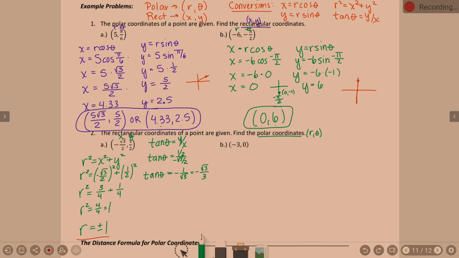Why might I suggest that? Because it's over there. Yes? Square root of 3 over 3 is in the tangent box when theta is pi over 6. Now, what's the catch though? It's a negative. We need negative quadrants. Okay? That's our catch.